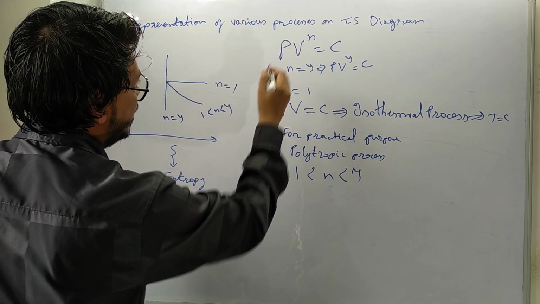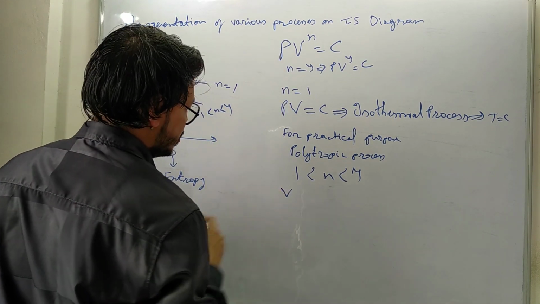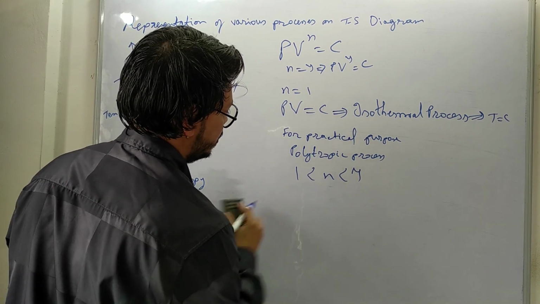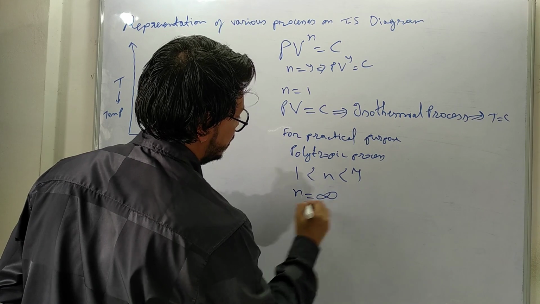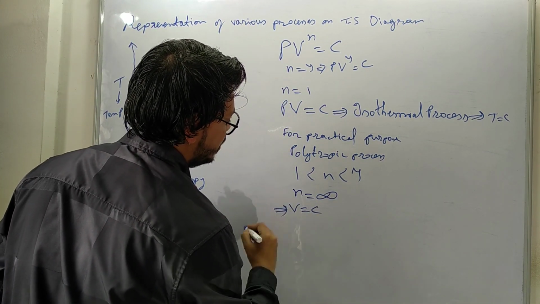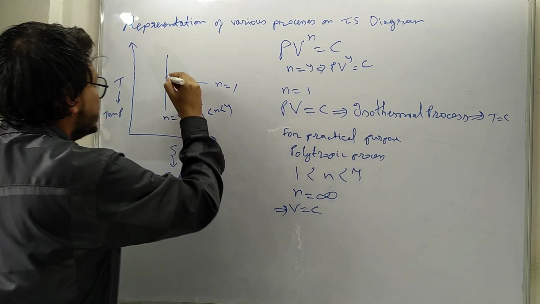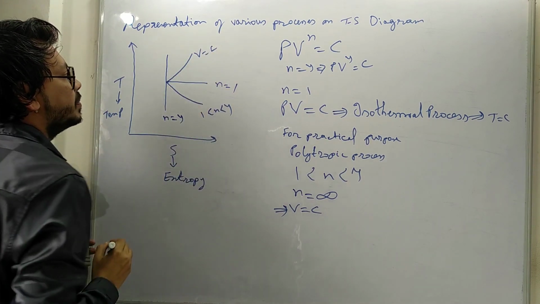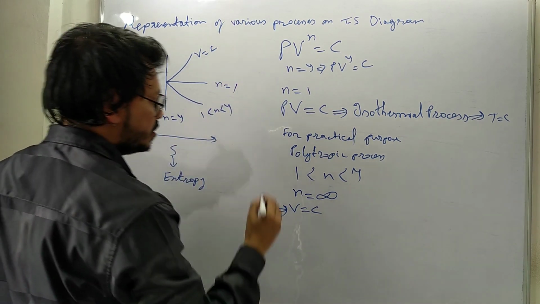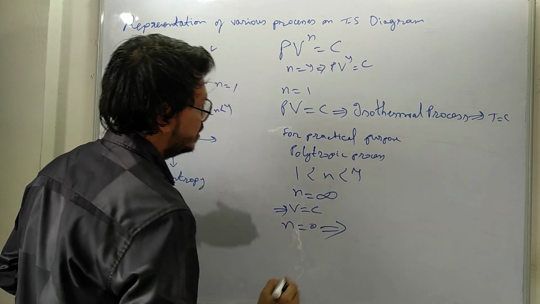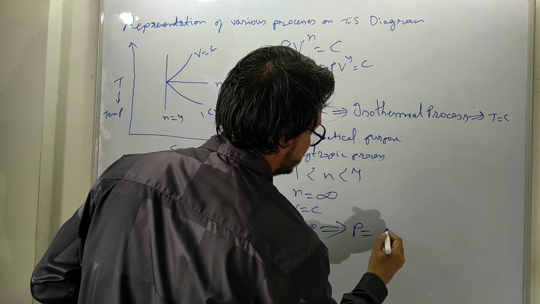Now if we put n equals to infinity, we will get V equals to constant. We have already seen in previous class. So this is the graph for V equals to constant. And if we put n equals to 0, this implies we will get P equals to constant.